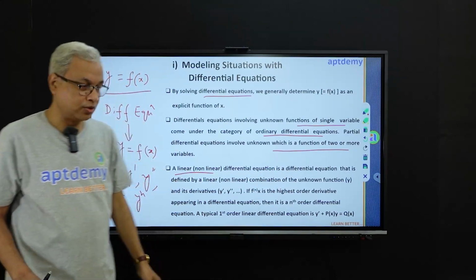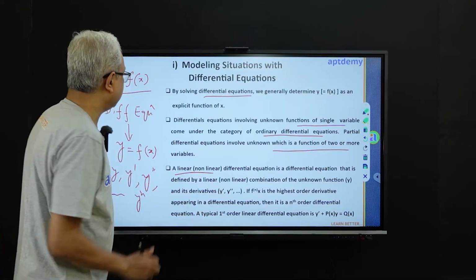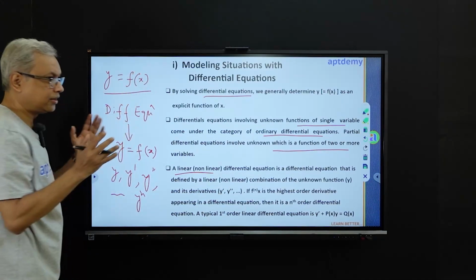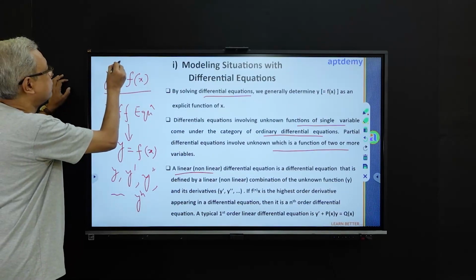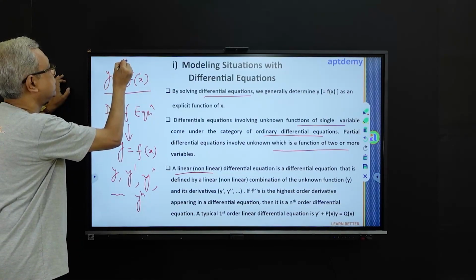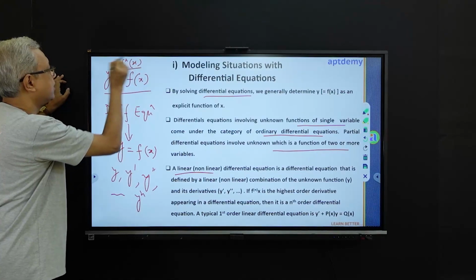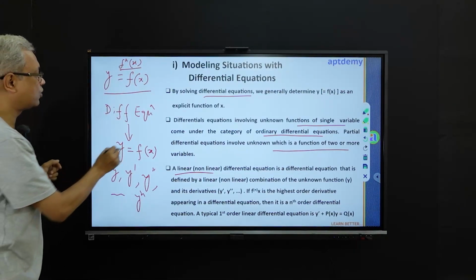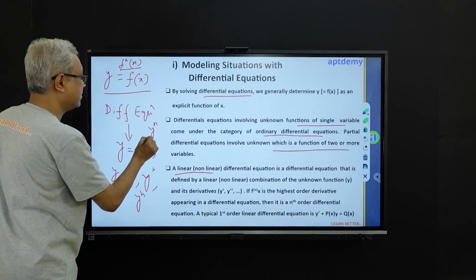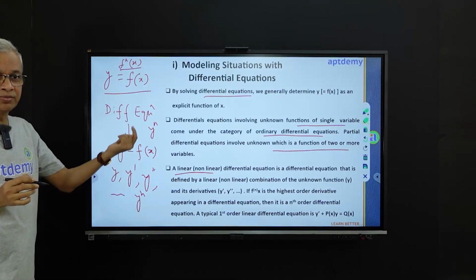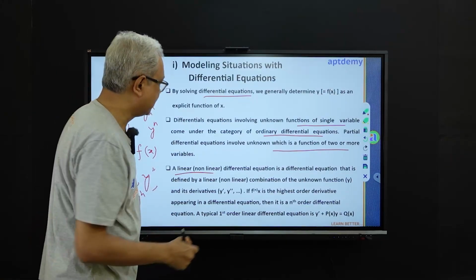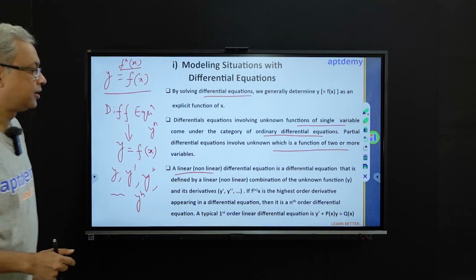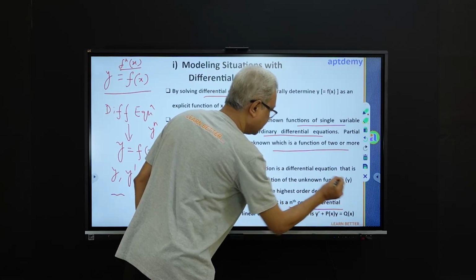If in a differential equation, be it linear or nonlinear, the highest order derivative involved is f^(n)(x), that means the nth derivative, or you can say y^(n), the nth derivative of y, then we say the differential equation is an nth order differential equation.